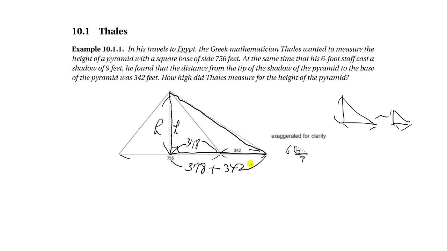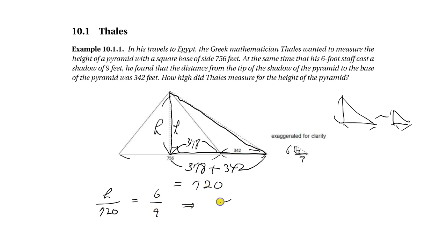That must be 720. So the ratio h over 720 must be equal to 6 over 9.